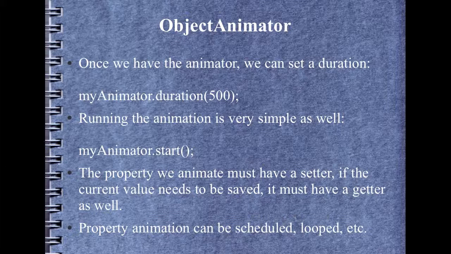So property animation is extremely powerful, and the question always arises, why don't I just use property animation all the time? Well, there's kind of a trade-off. If we can get away with view-based animation, we should always use view-based animation.